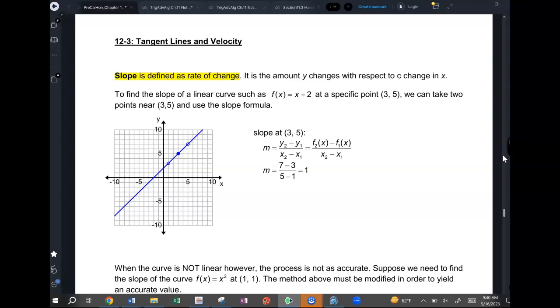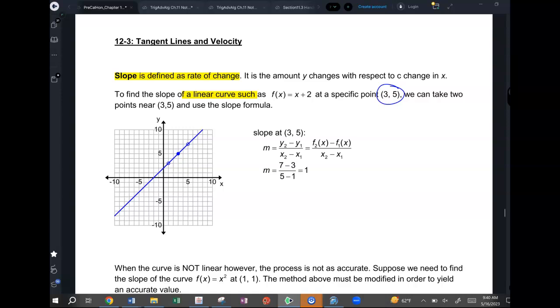So when we have a linear function, like f of x equals x plus 2, well, that's a no-brainer. I can find slope at any point, and it's super easy. Suppose, though, I want to find the slope at (3, 5). Well, all you need to do is take 2 points near (3, 5) and apply the slope formula.